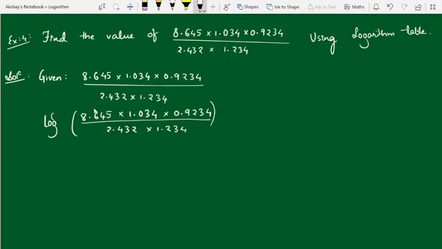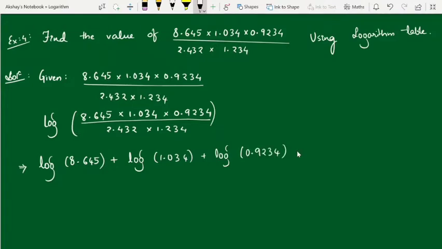Okay, so now numerator we have product, denominator minus of these two product. That means we can write log of 8.645 plus log of 1.034 plus log of 0.9234 minus, denominator inside the bracket.